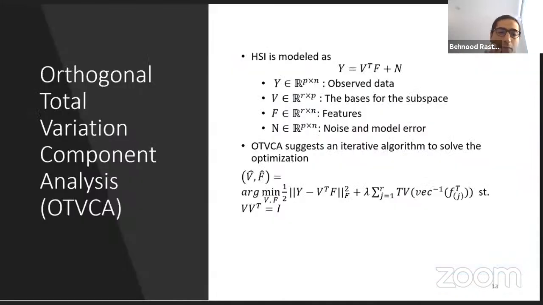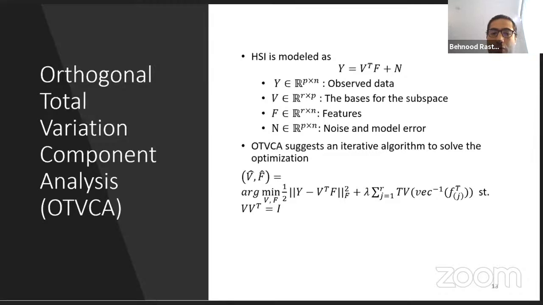For instance, this technique, which is called orthogonal total variation component analysis, or in short OTVCA, uses this model and suggests solving this minimization problem, which is the combination of a fidelity term on the left and a total variation penalty subjected to an orthogonality constraint.